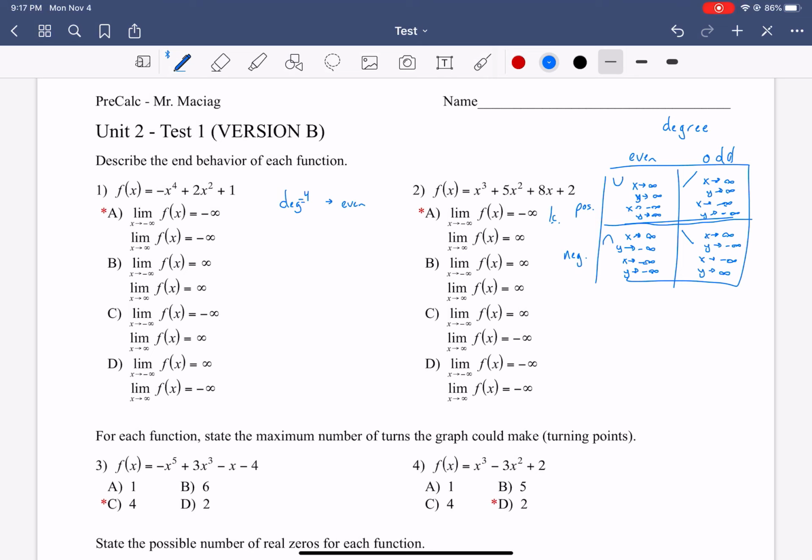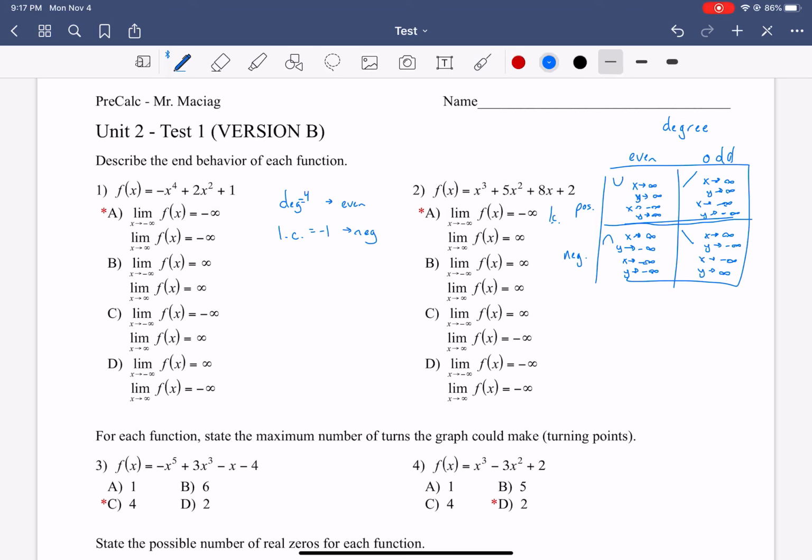So if we look at number 1, the degree is 4, which makes this even. And our leading coefficient is -1, so that makes it negative. So we have even, negative, so we are going to use this one right here.